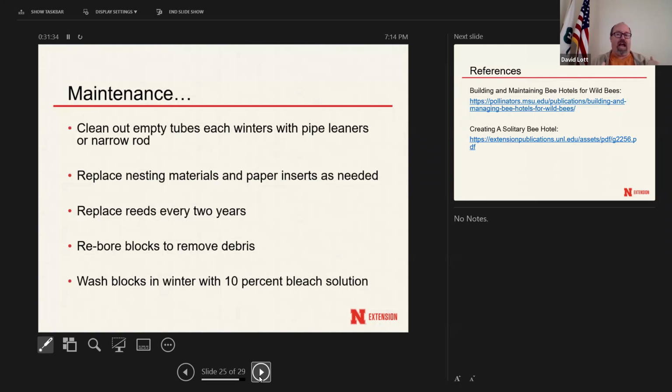But if you have a lot of activity where there's a lot of plugged cells, I wouldn't do that because you're going to kill them. But if you have a lot of empty holes and think it's time after a couple of years to do some renovation, bore everything out, give them the bleach solution on a warm day in winter, let it all dry out, place it back in, and it's ready for next spring.